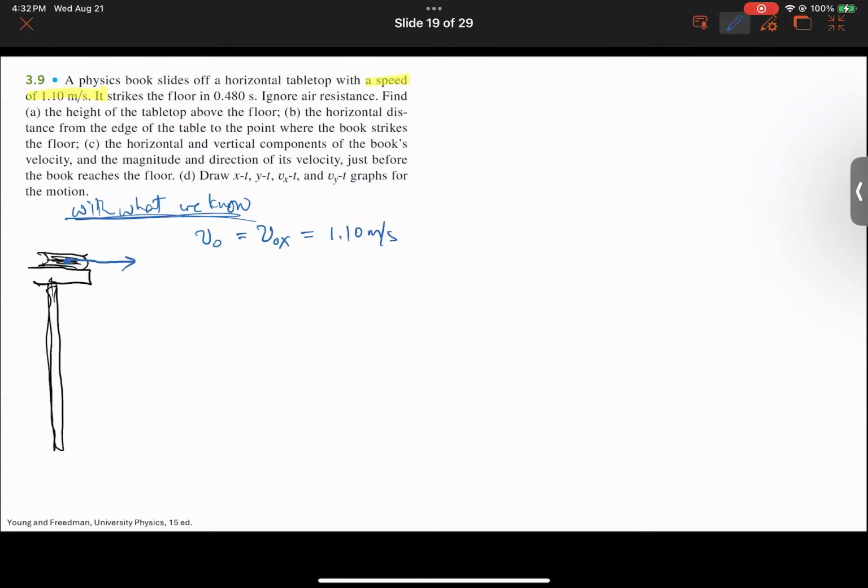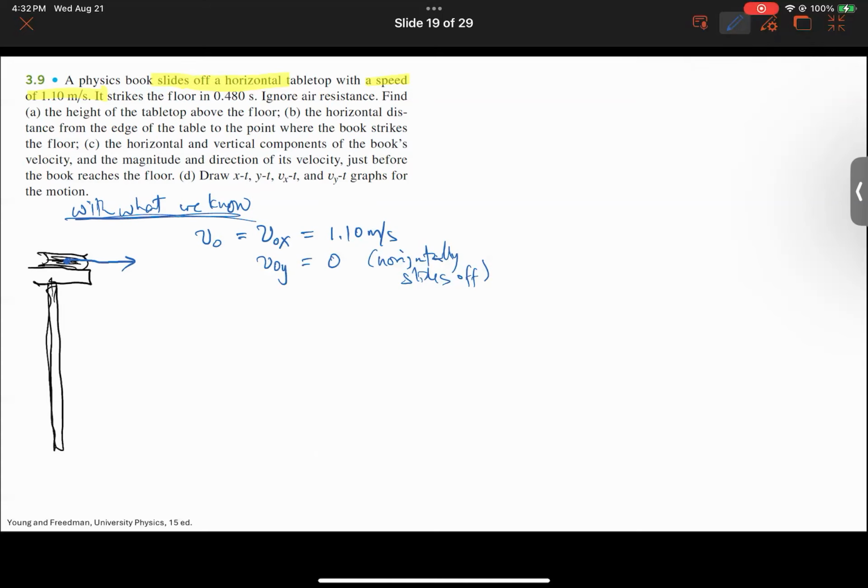It also means that the initial velocity along the y-axis is 0, because it slid off horizontally. These things are not obvious, but you need to figure them out based on what is given.